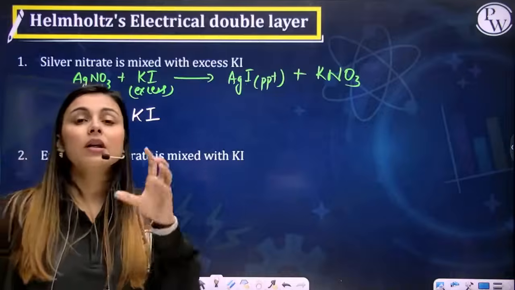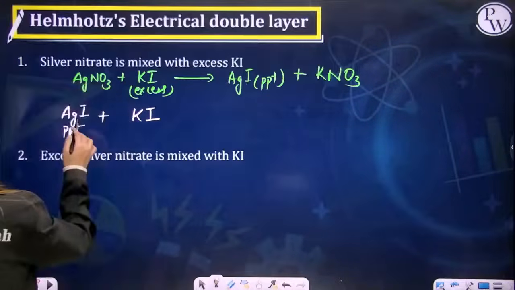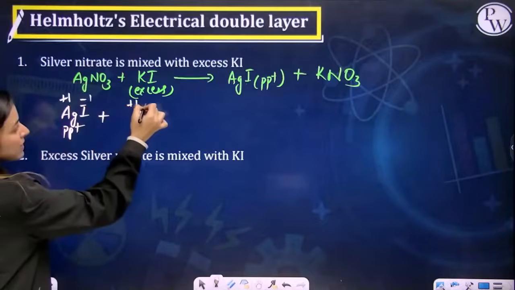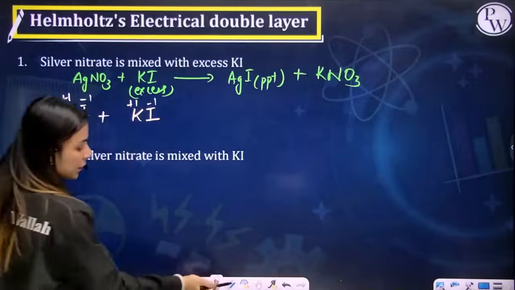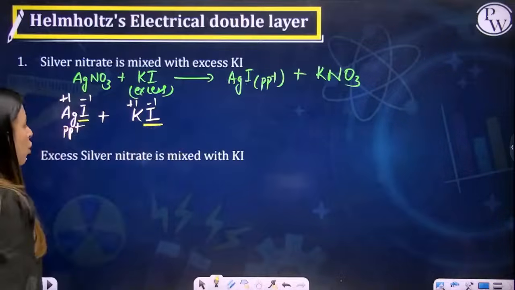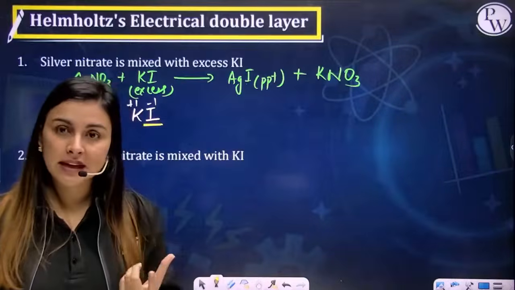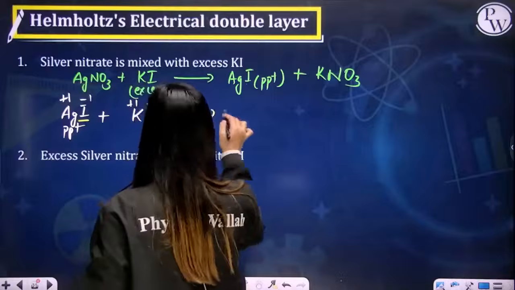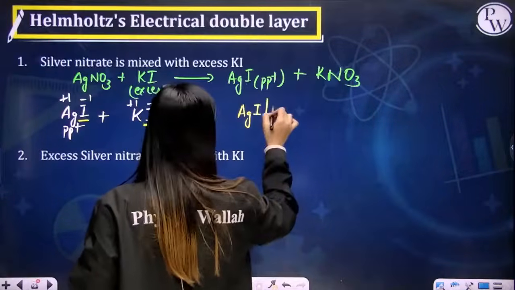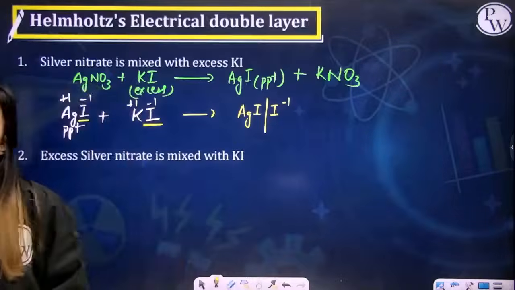Always remember, it adsorbs the ion which is common. This means that if you see, you have Ag plus and I negative, you have K plus and I negative. So I negative is the common ion here. So this adsorbs the common ion from the peptizing agent and you get something like AgI, then put one line and then you get I negative, I negative.